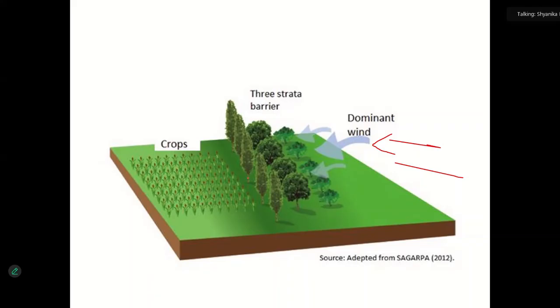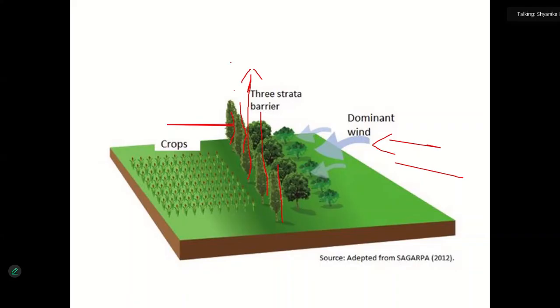Normally we maintain the triangular shape by establishing taller trees in the middle, and then shorter ones. Okay. This is the plan.